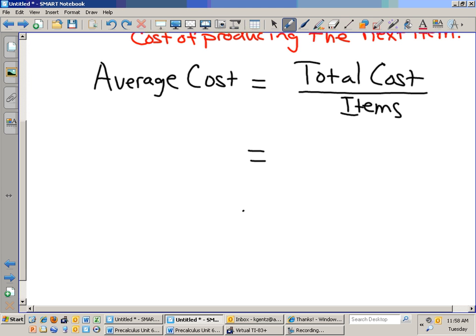Okay, average cost. What is the total cost? What's our total cost function? C of x. What does C of x mean? Somebody tell me, what does C of x actually mean? Cost of producing X items. So how many items have we produced? X. So our average cost function is simply C of x over x.